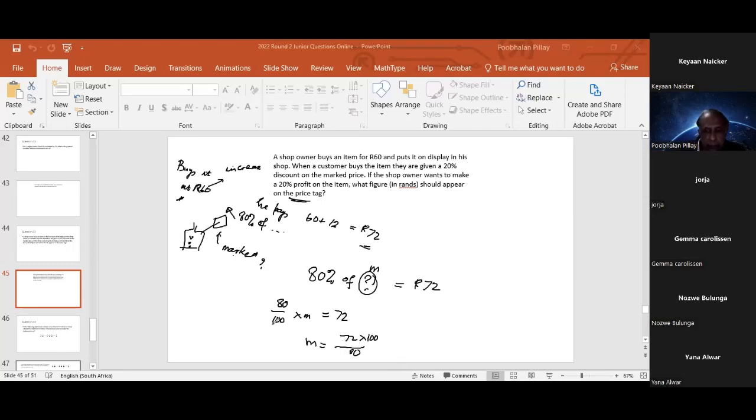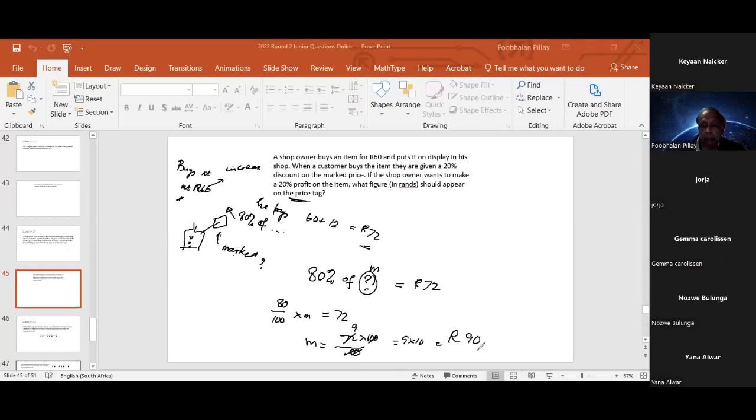So 72 times 100 divided by 80. If you work this out, you don't have to multiply. The tens go into this, and 8 goes into 72 nine times. So it's 9 times 10. That gives you 90.